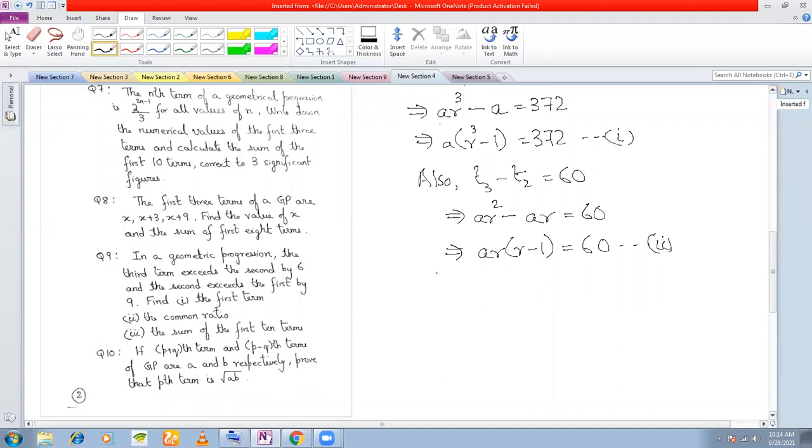So what can I do? I can divide 1 by 2 so that A will cancel. A into R cube minus 1 divided by AR into R minus 1 is equal to 372 by 60.